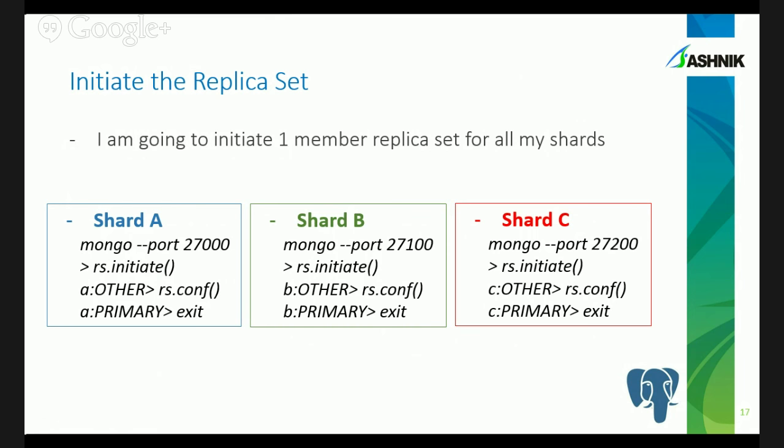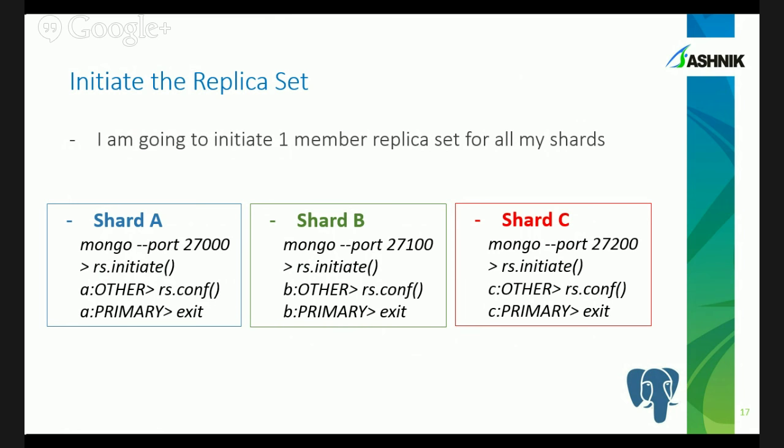When you fire rs.initiate, it initiates the replica set, and at that very moment you will see that the prompt would change to other, because MongoDB is in the process of identifying itself. And then when you say rs.conf, it would identify itself as primary, and the prompt would change to primary. Like you see on the screen, how I have done it for each of the shards.